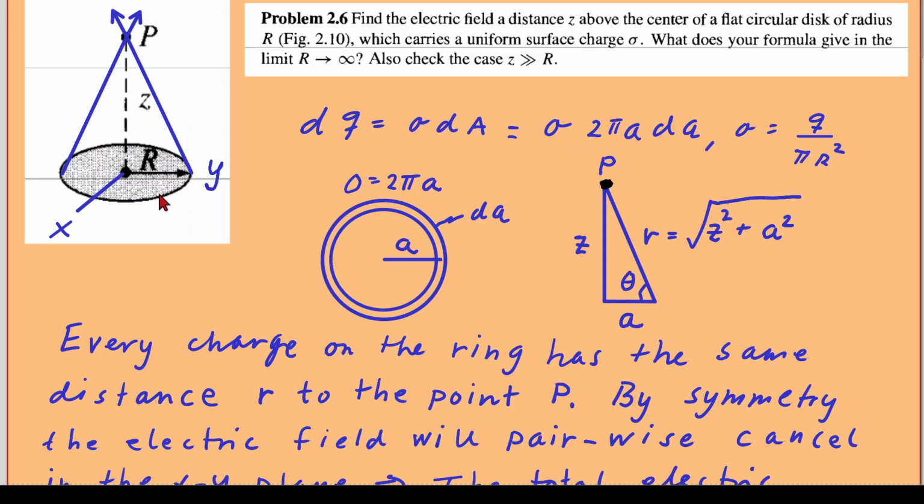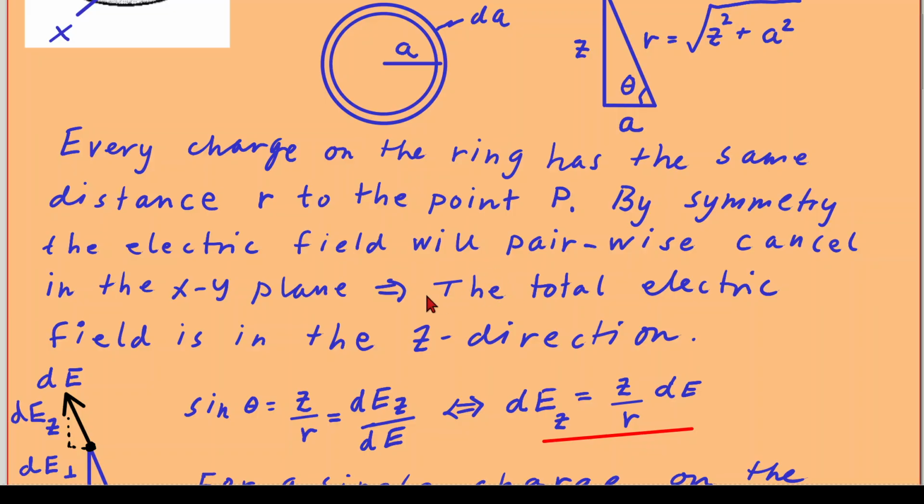If you think about every pair, when you rotate around the z-axis, the orthogonal electric field will always cancel, and there will be only contributions in the z direction. Here is z, here is the xy plane.